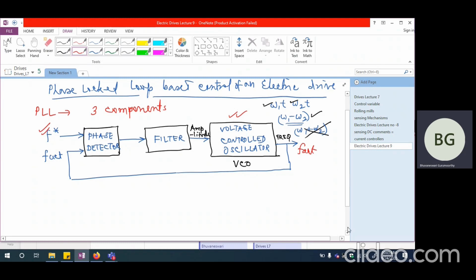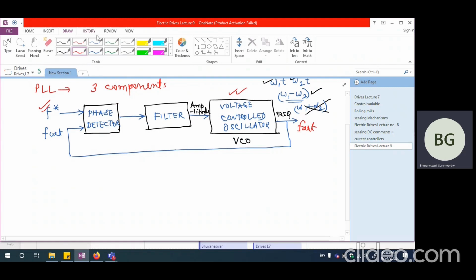So in this particular case, when we want to use this kind of a PLL for controlling the speed of a motor drive, what we are going to do is give an F star or reference, depending upon what kind of encoder we are having. If we have a speed encoder, it is going to give out signals in a particular sequence depending upon the speed of this particular disc which is attached to the shaft of the motor.